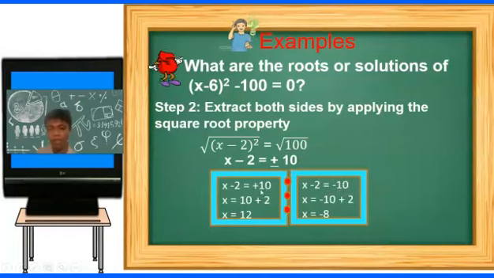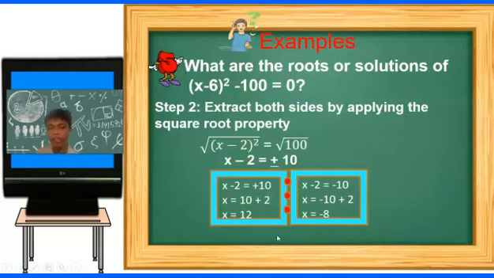Sa kaliwa, positive 10. Sa kanan, negative 10. So, simplify natin muna yung nasa left side. Ililipat natin negative 6 sa right side, magiging x equals 10 plus 6. Tapos, combine mo yung 10 and 6. x is equal to 16.